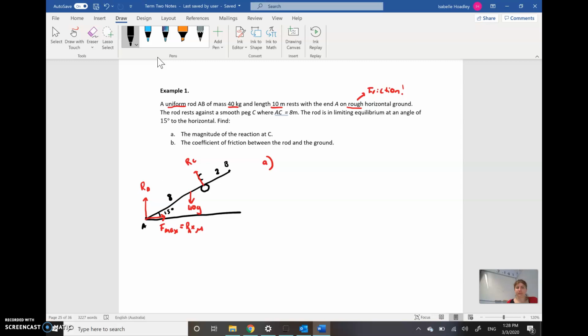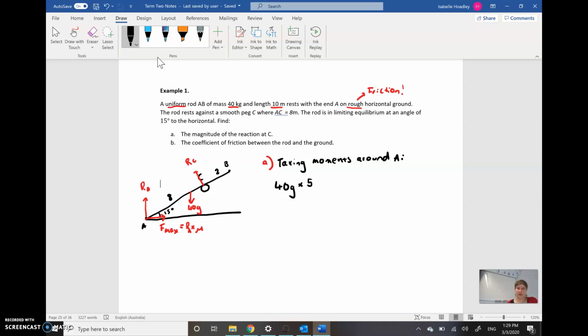So taking moments around A, we have this 40g, which is going to be acting in a clockwise direction around A. So we've got 40g, and it's halfway along the rod, so it's a distance of 5 meters from the pivot.